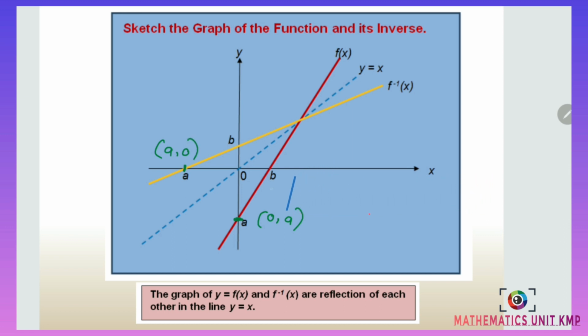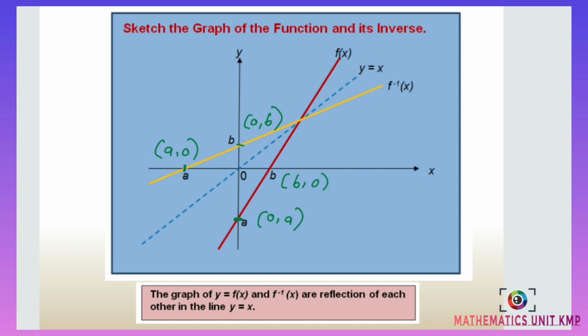And at B, the coordinate (B, 0) switches to (0, B). That means the values of x and y are switched with each other for the inverse. The graphs of y equal to f(x) and f inverse of x are reflections of each other in the line y equal to x.